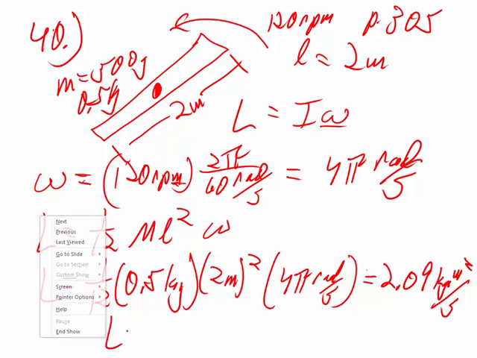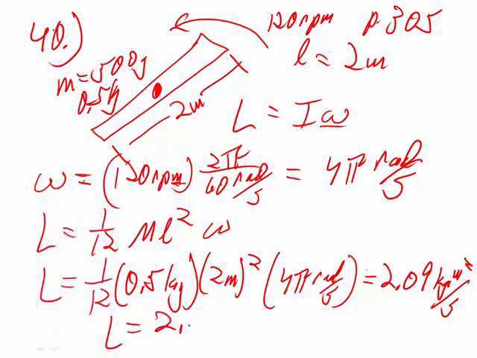Or we could just say 2.1 kilograms meters squared per second, okay? All right, and that would be the angular momentum. Okay? And that is it for chapters 7, 8, and 9. I hope this helps.